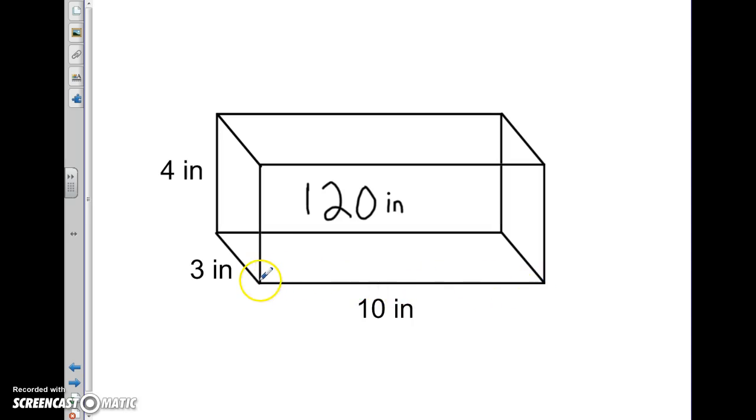It just measures the length, and volume is the length times the width times the height. There's 3 dimensions there. So put a little 3 there, that means cubed. So it's 120 cubed inches. In other words, 120 little cubes that are 1 inch by 1 inch could fit inside of this rectangular prism.